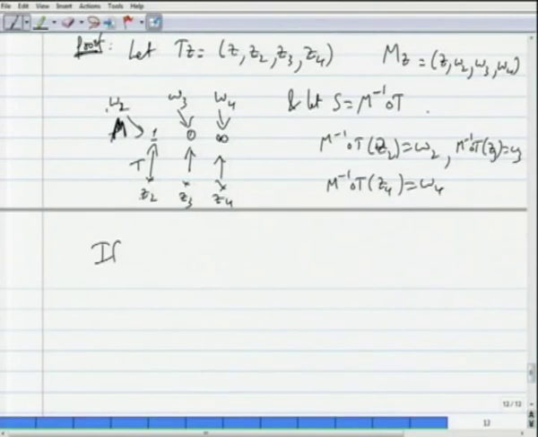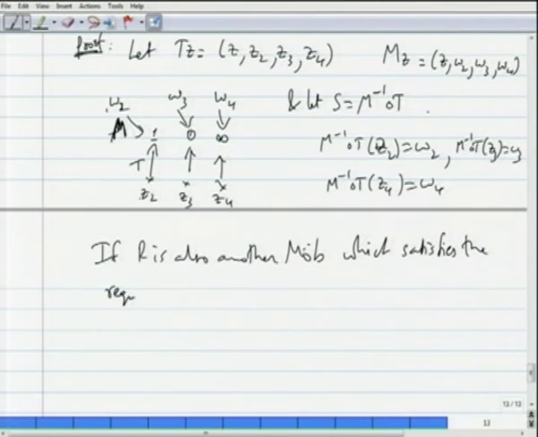And if R is also another Mobius transformation which satisfies the requirement, namely it takes Z2 to W2, Z3 to W3 and Z4 to W4, then R inverse circle S fixes 3 points by the previous kind of argument.